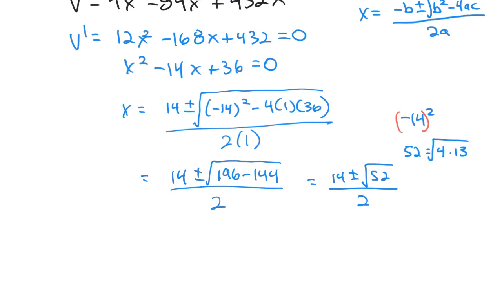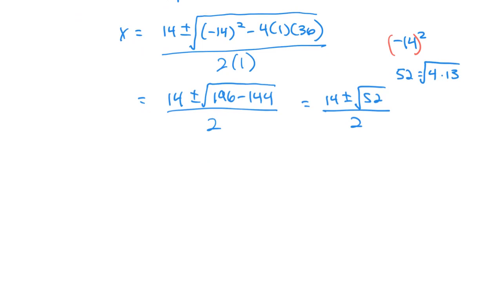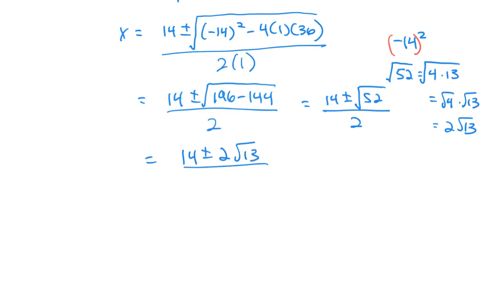Some of you will immediately send hate email if I don't keep going to get the exact answer. The square root of 52 equals the square root of 4 times 13, which is the square root of 4 times the square root of 13, that is 2 times the square root of 13. So we could write this as 14 plus or minus 2 times the square root of 13, all over 2. Now we have 3 terms, all of which are divisible by 2, so we could write equals 7 plus or minus the square root of 13.